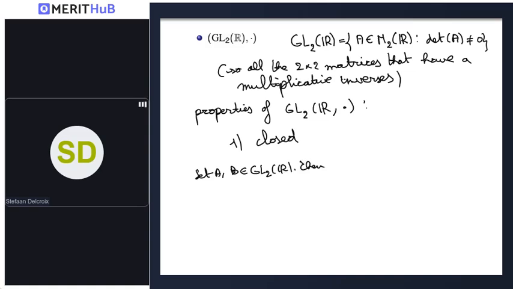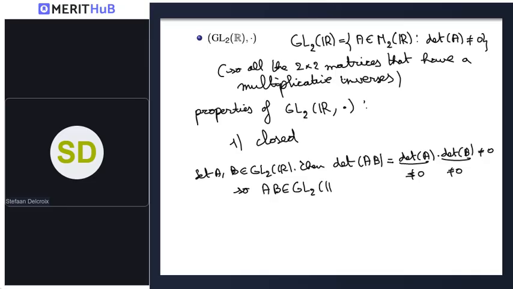Then what is the determinant of AB? It's not an obvious property, but it's the determinant of A times the determinant of B. And this is not 0, and this is not 0, so the answer is it's not 0. So AB is back in GL2R. The multiplication of invertible matrices is closed.